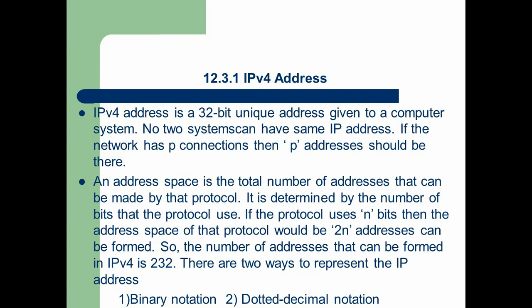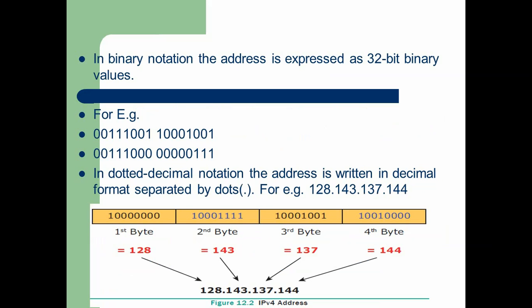There are two ways to represent the IP address: binary notation and dotted decimal notation, both used in IPv4 addresses. First we will see binary notation. In binary notation, the addresses are expressed in 32 bits. It means 32 bits are allotted for each and every computer.